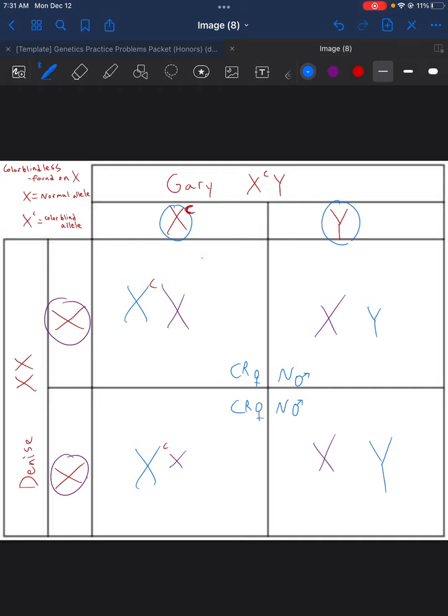So the chances of having a colorblind son are 0%. Colorblind son, 0%. You cannot have a colorblind son. So both of the males that you make will be normal. Both of the females that you make will be carriers. So all of your daughters will be carriers.